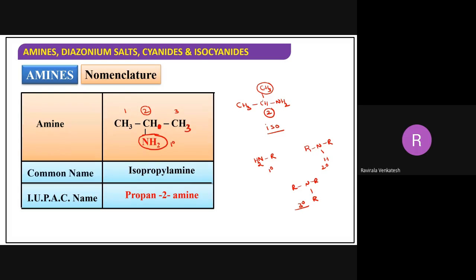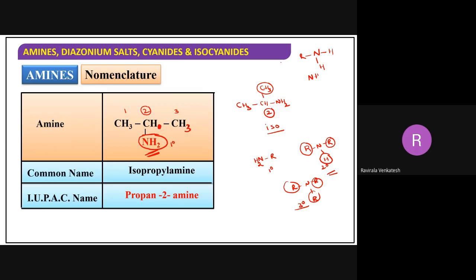If nitrogen is bonded to 2 carbons with only 1 hydrogen, that is secondary. If nitrogen is bonded to 3 carbons, that is tertiary. So it is completely different here. Nitrogen has only 3 bonds possible; if you put 2 hydrogens, the remaining is an alkyl group, correct?